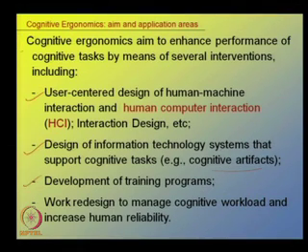Development of training programs, work redesign to manage cognitive workload and increase human reliability. In next classes, we will discuss these cognitive workload issues.